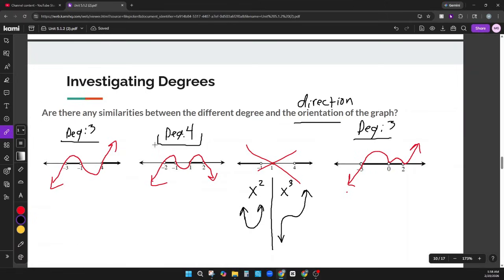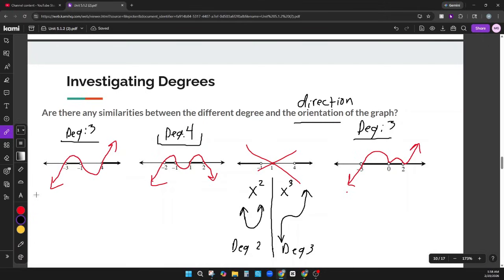So did your conclusions about the different degrees hold up with these graphs, where this is degree 2 and this is degree 3? If they did, feel free to keep going. If they didn't, then let's take a moment and see if we can compare and contrast, now that we have more examples.